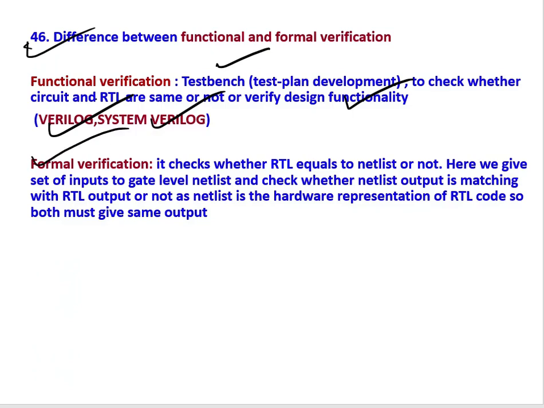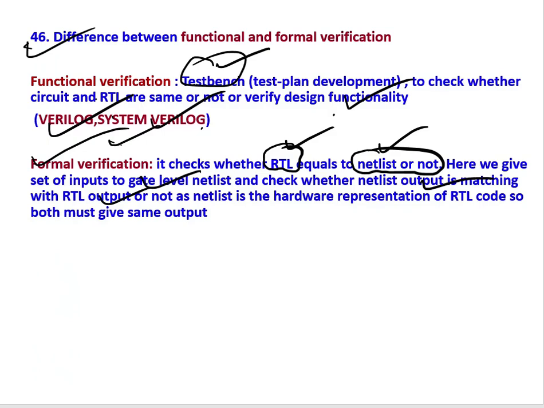Whether the RTL equals the netlist or not. Here we give a set of inputs to get the gate-level netlist and check whether the netlist output matches the RTL output or not. As the netlist is the hardware representation of the RTL code, both must give the same output. So formal verification: whether RTL equals netlist or not.